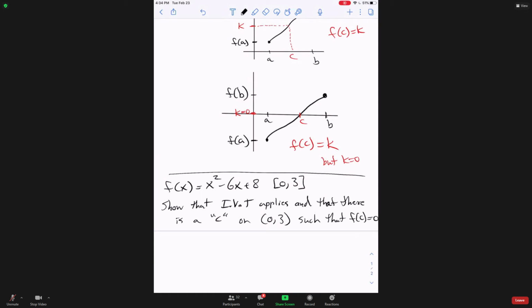This is actually the same example I think we did in class, but I figured I would do it again.